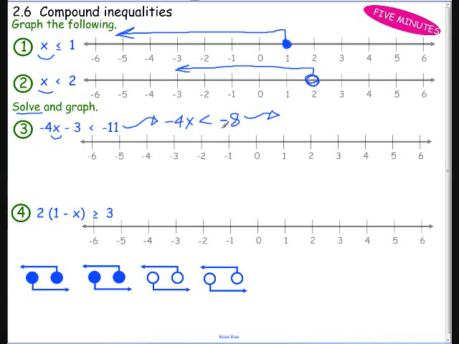As long as I divide both sides by the same value, they will stay true. However, when it's a negative, this is the big difference. When it's a negative, as it is here, we're going to have to reverse the sign.